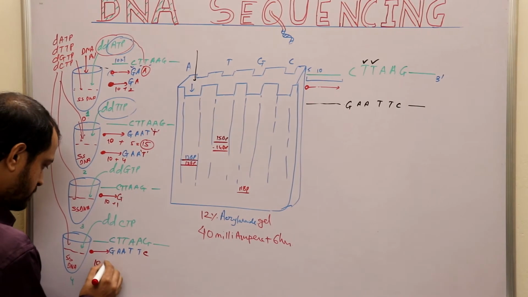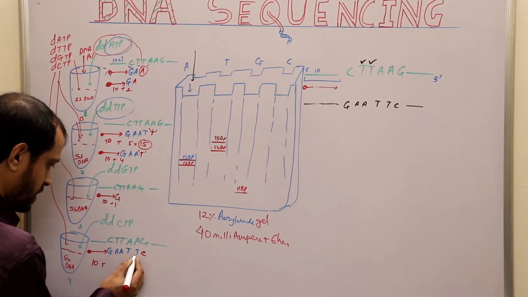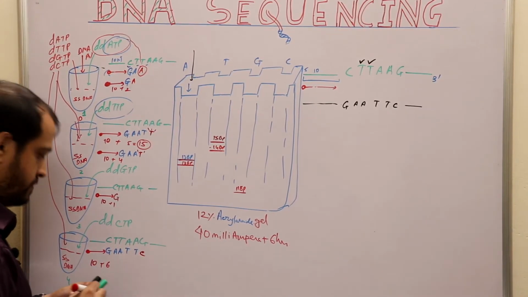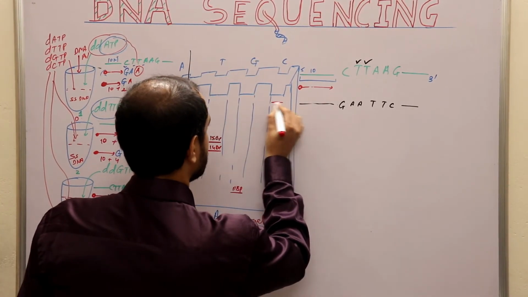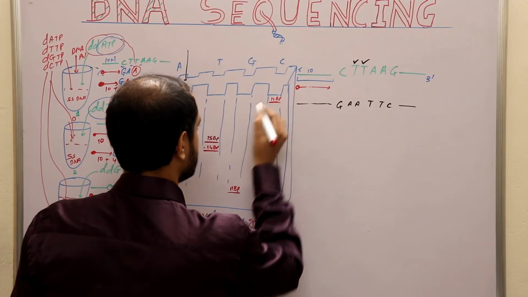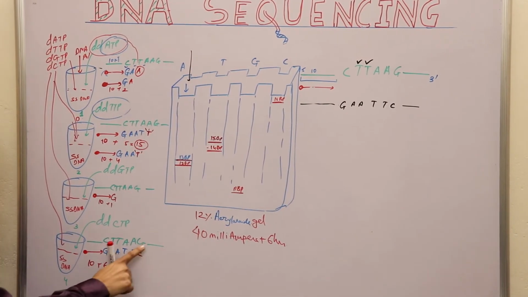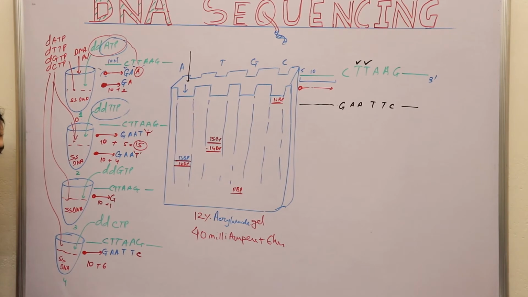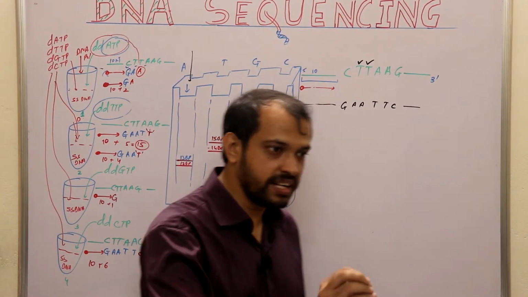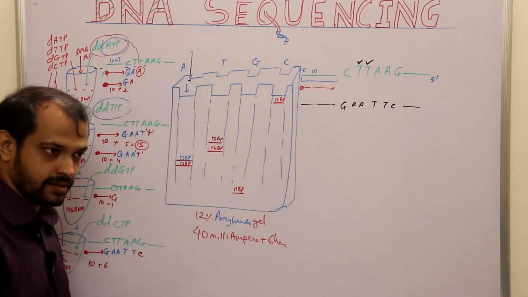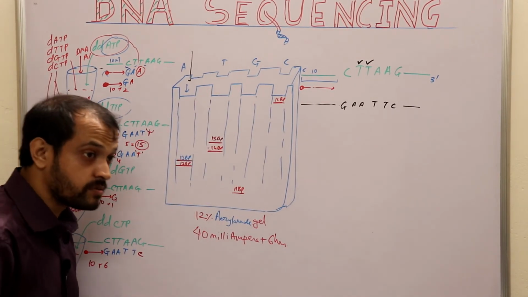That means 10 plus 1, 2, 3, 4, 5, 6, 16, uppermost, 16 base pair. Is there any G available? No. Now listen, how to read this gel, right? You now remember this for your entire life.